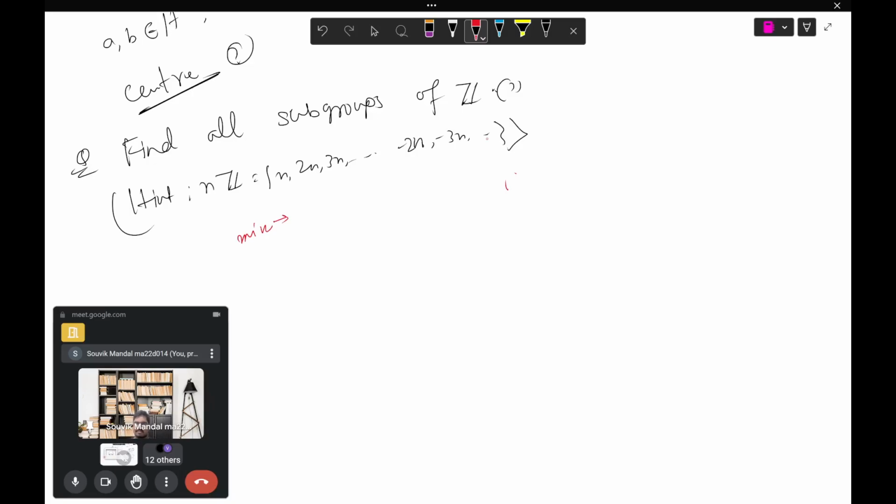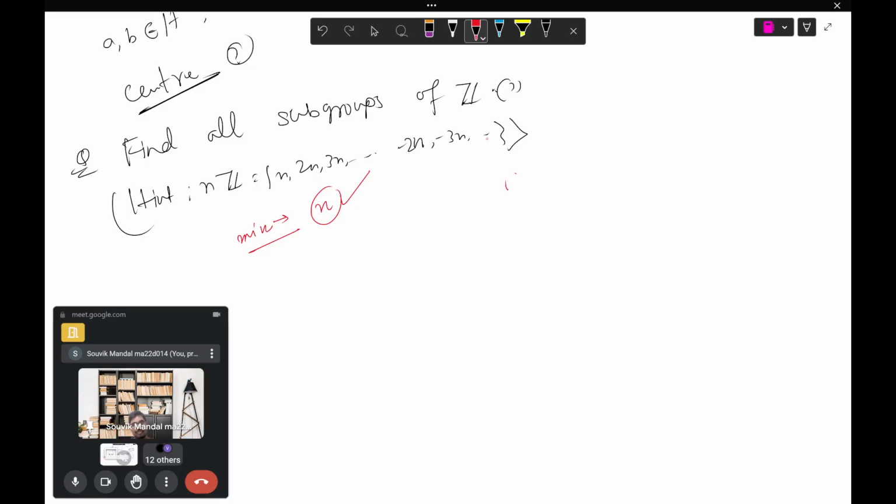The well ordering principle is far better to use, because the concept of minimality comes in the well ordering principle. Then you have to take the minimum. So that is my candidate.